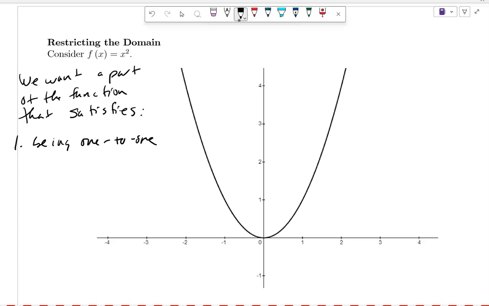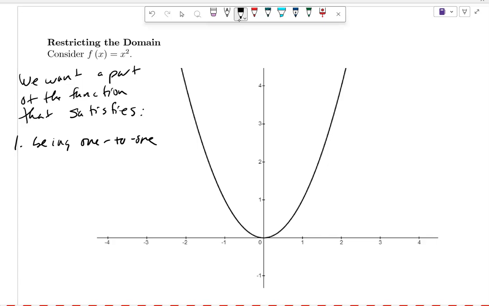But that doesn't undo everything that I want, right? The range of my function here is 0 to infinity, isn't it? I want to be able to take the square root. I want to undo the squaring function of anything that I could possibly get out, right? I don't want to say I can't do the square root of 9 because I didn't account for 9, right? I want to make sure I account for everything in the range.